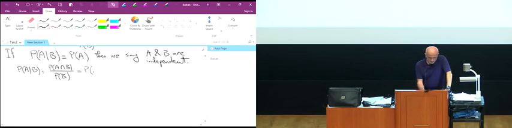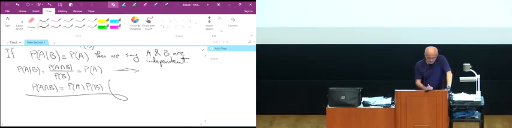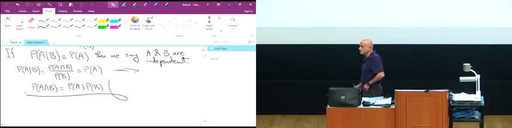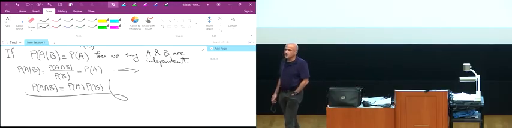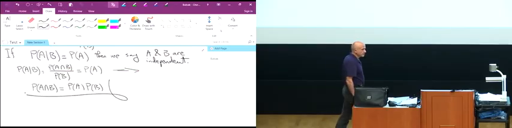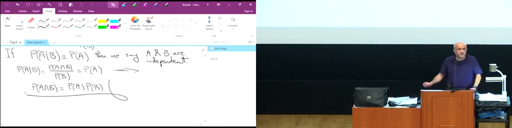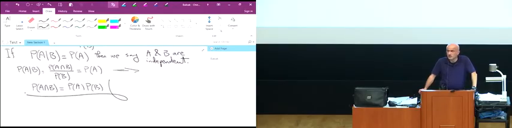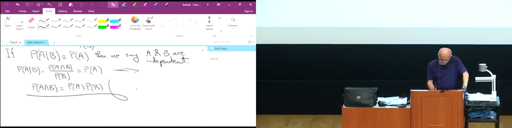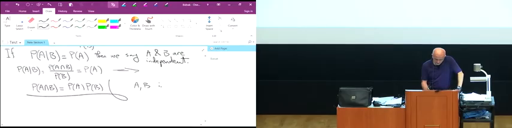Probability of A. And so the implication is that the probability of A and B is the same as the probability of A times the probability of B. In most contexts, this is the more usable version of our definition of independence. So we say two events A and B are independent if the probability of their joint event is the product of the individual probabilities.